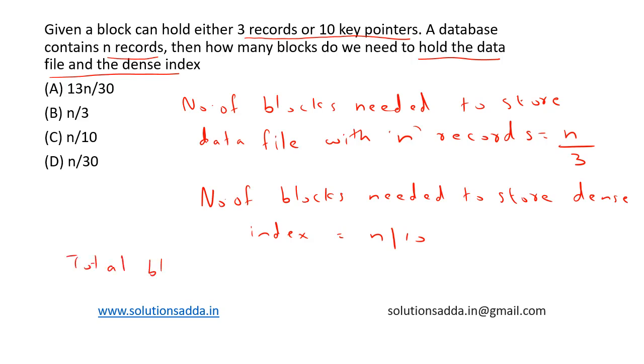Total blocks is equal to n by 10 plus n by 3. So we get 3n plus 10n divided by 30, which is equal to 13n by 30. So option A is the right answer here.